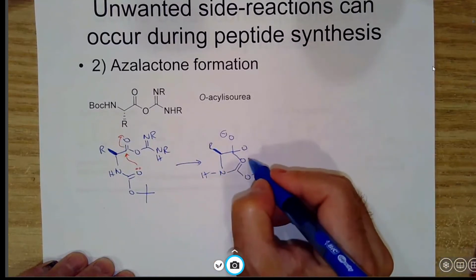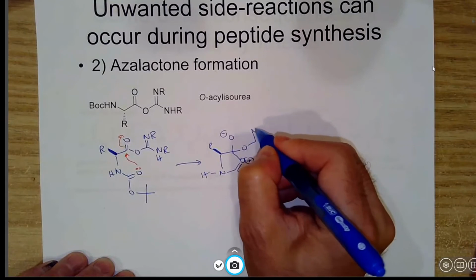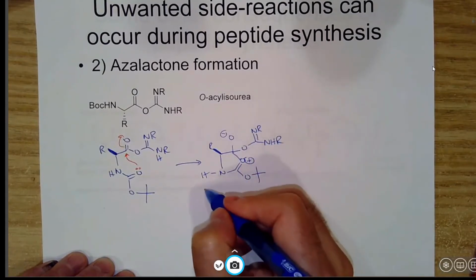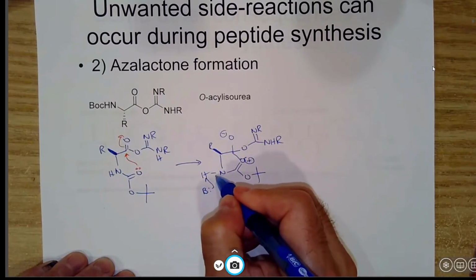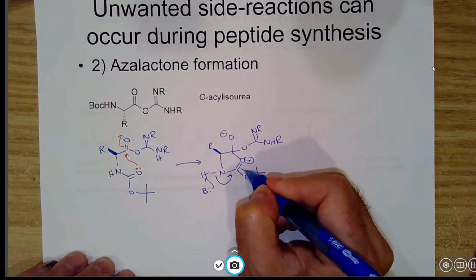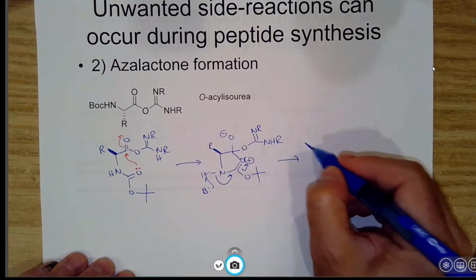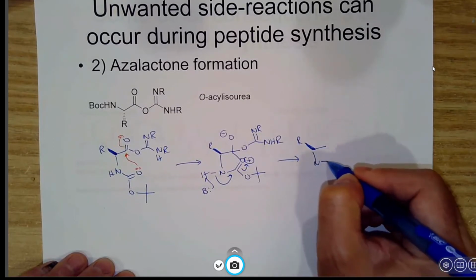So here you have this O-acyl intermediate that has self-reacted with itself. And then you can have a base come in to remove that positive charge off of that oxygen. And then you're going to have this compound that's going to look like this.